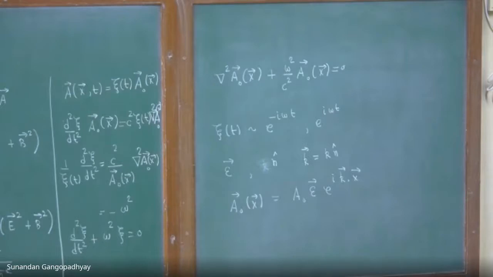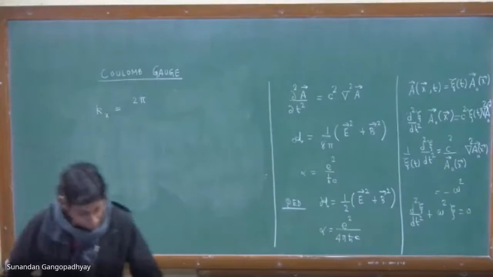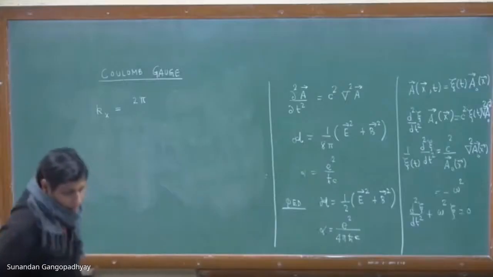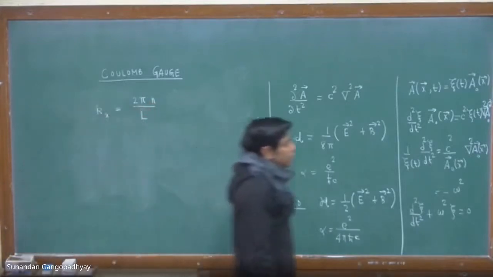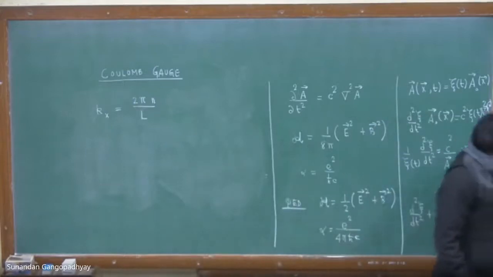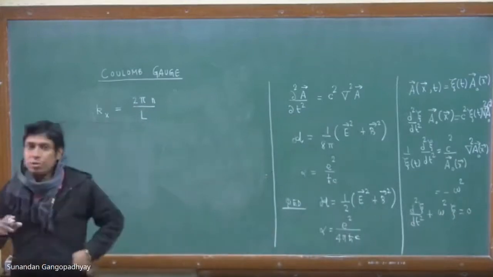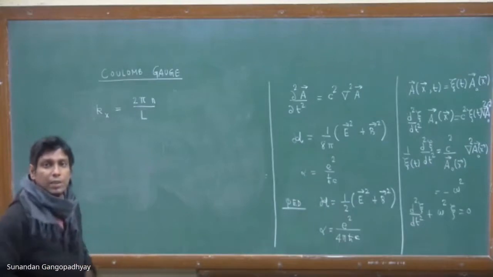So let me write down one of the components of the k vector. So as before, what you do is impose periodic boundary conditions, and therefore e to the power of i k dot x, you just consider it as e to the power of i k x x, and impose the periodic boundary conditions along the direction x.